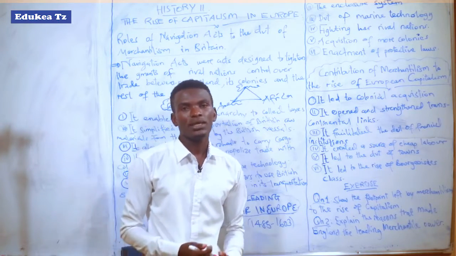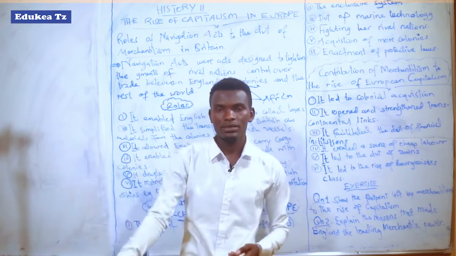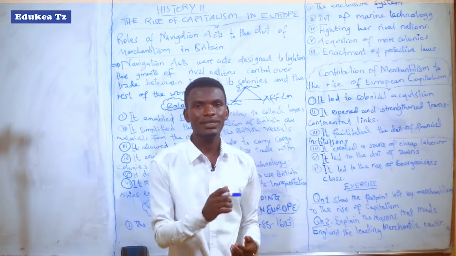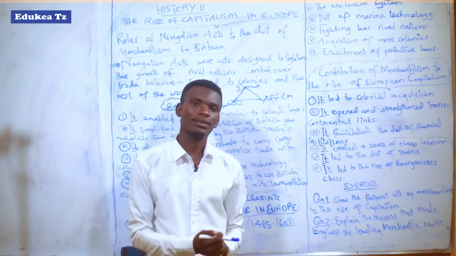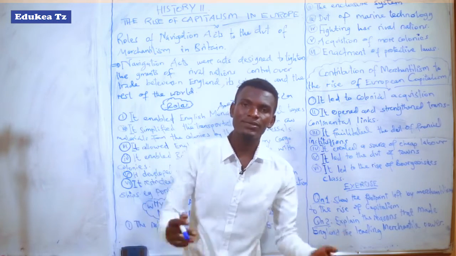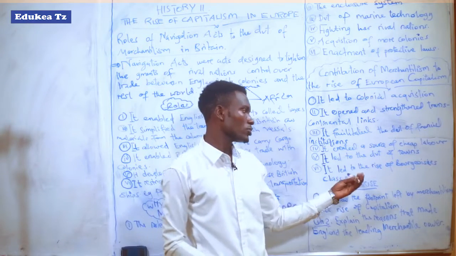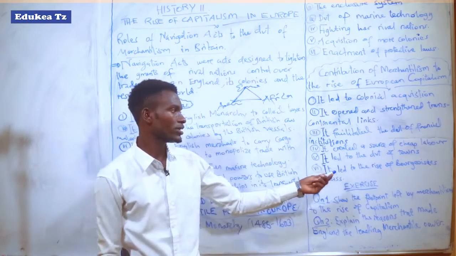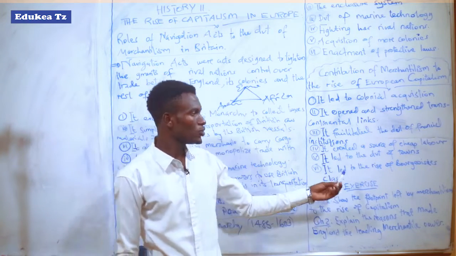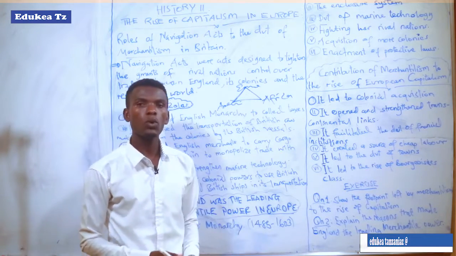As I have told you, the merchants were traveling from their motherlands to outside to collect bullion, which was gold and silver and other precious metals, like diamonds, animal skins, slaves, spices, and so on. Collecting those precious metals and properties led those merchants to become the bourgeoisie class, the people who were rich.